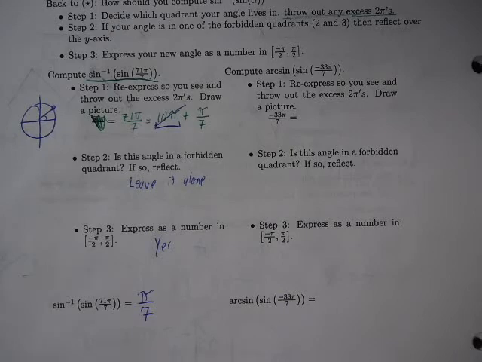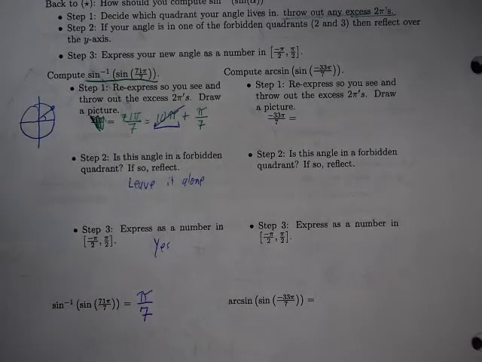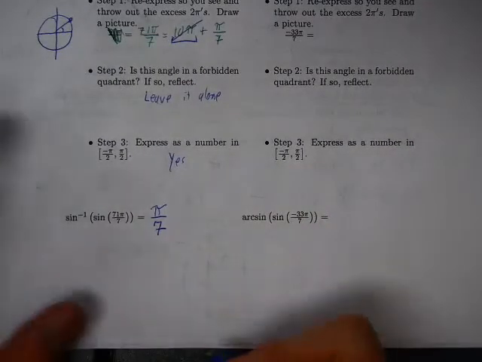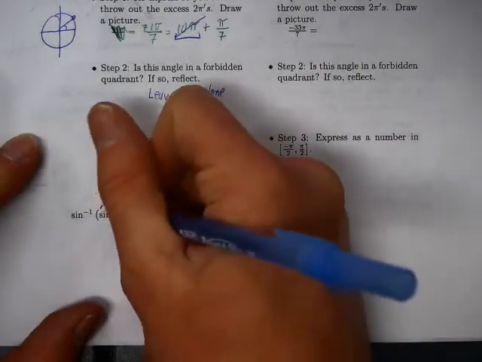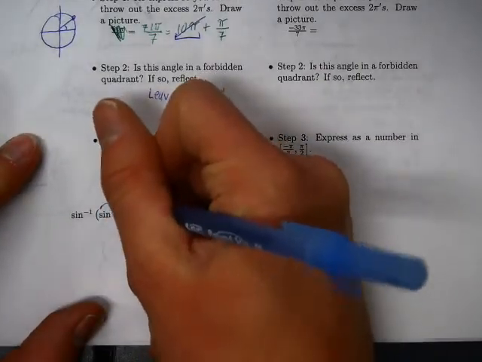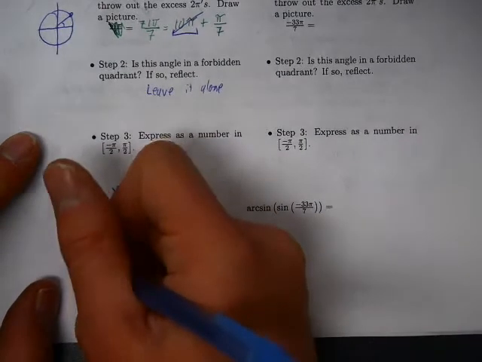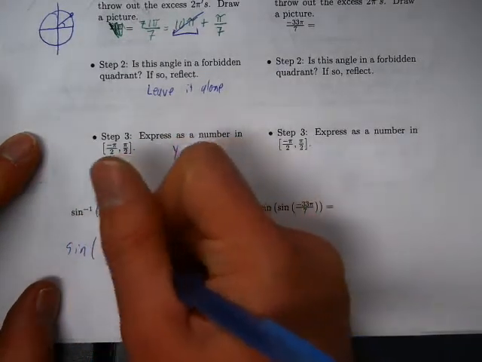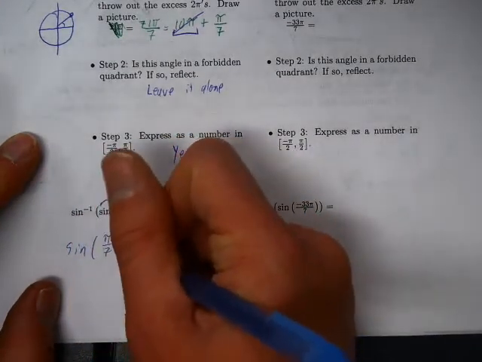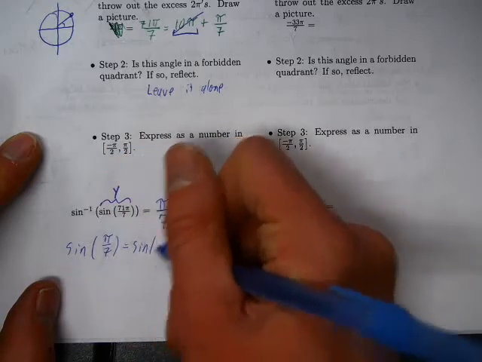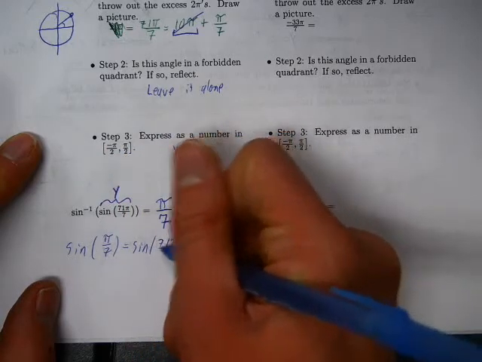Nice. So here's another thing that we could do for a quick sanity check. If this is correct, that should mean, so here's the y value that is inside of inverse sine. Is the sine of pi over 7 the same as the sine of 71 pi over 7?